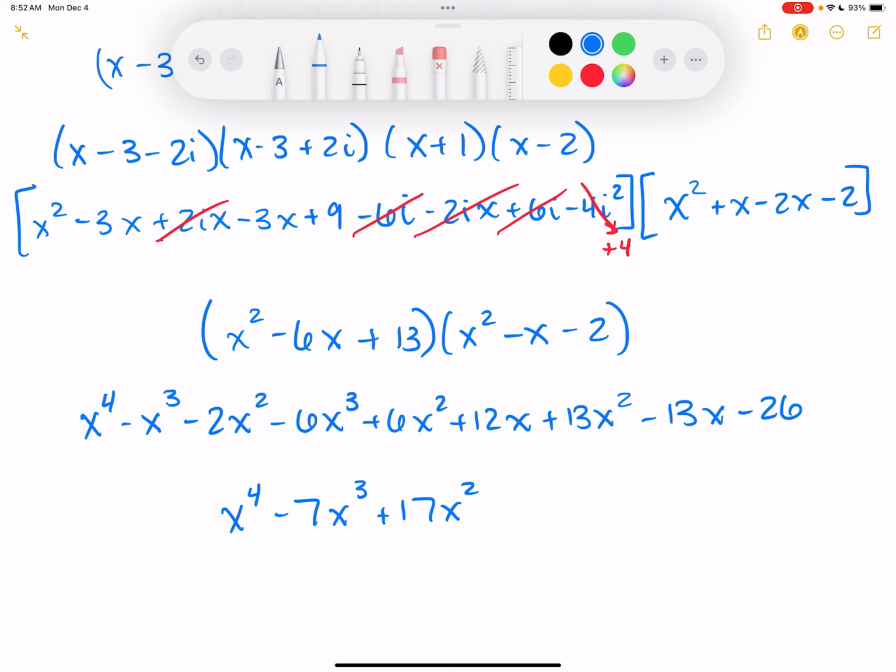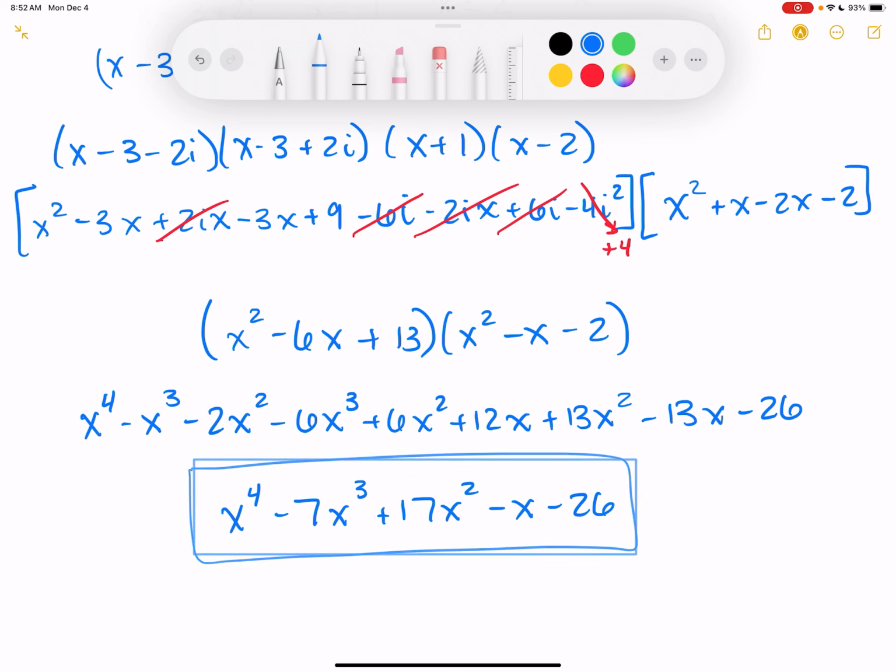And then just x terms, that's going to be minus x. And then finally the minus 26 at the end. And so this one was a little longer of a process. It had more zeros, but ultimately the process is the same. It's just longer to get there.